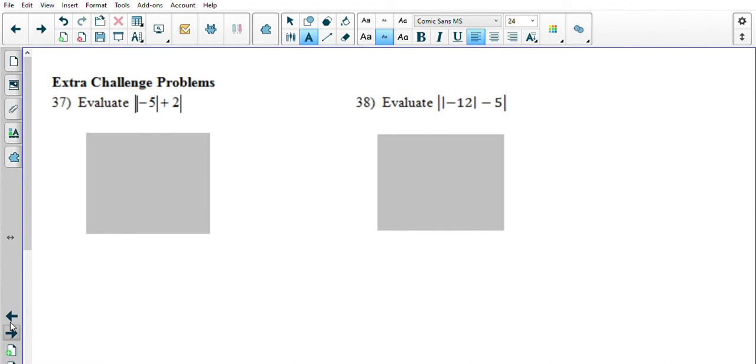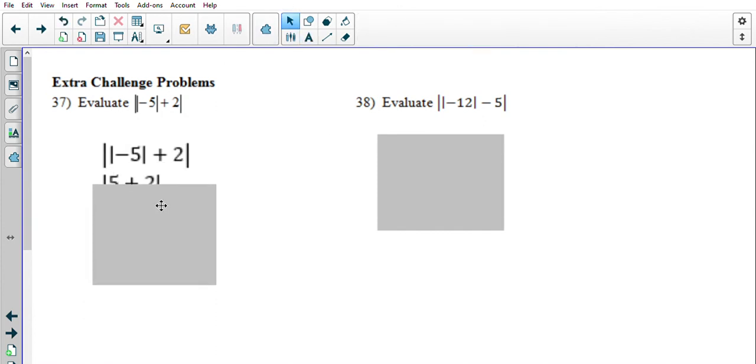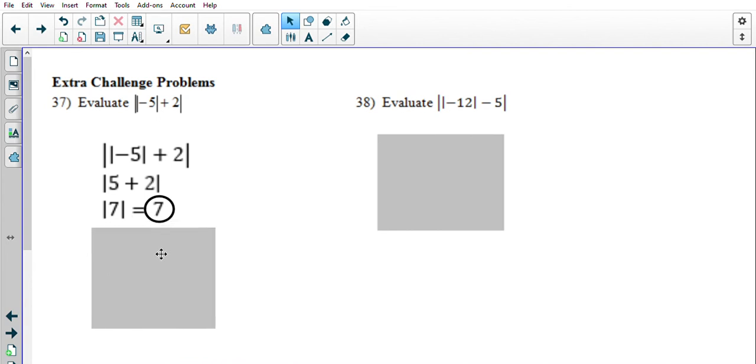So let's start with the innermost absolute value because they are grouping symbols. The absolute value of -5 is 5. So I'm going to keep those grouping symbols here around the 5 plus 2, but I'm going to do 5 plus 2 next. That's going to get us 7. And then, of course, the absolute value of 7 is 7. Pretty easy, but it does involve double absolute value.